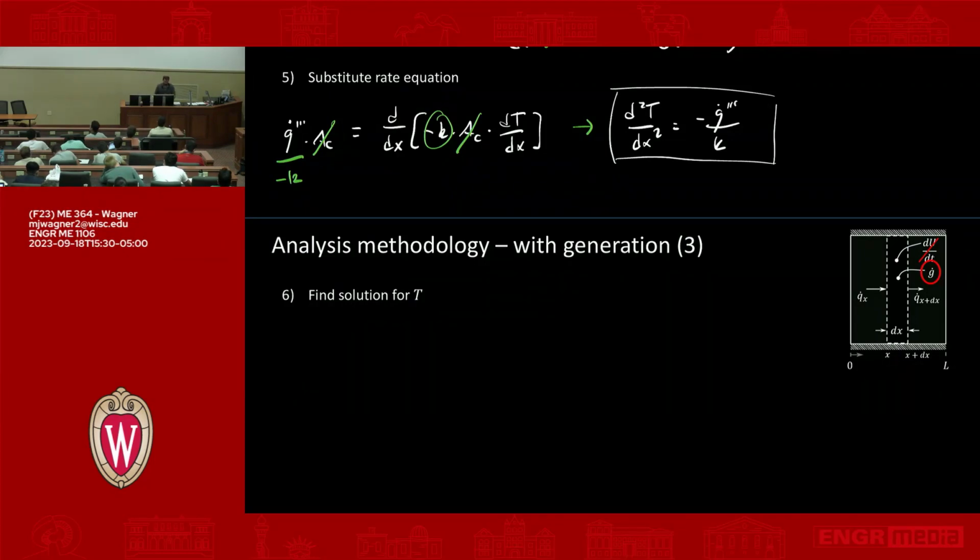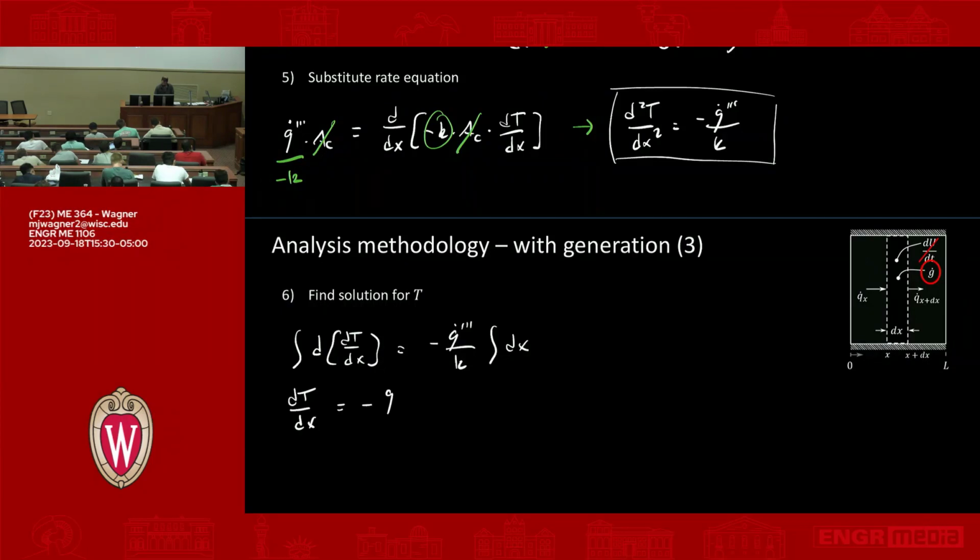So let's solve the equation. Let's take the integral of the differential dT dx equals, bring the constants out, minus g dot triple prime over k integral of dx. So that integral evaluates to dT dx is equal to minus g dot triple prime over k times x plus c1, our first constant of integration.